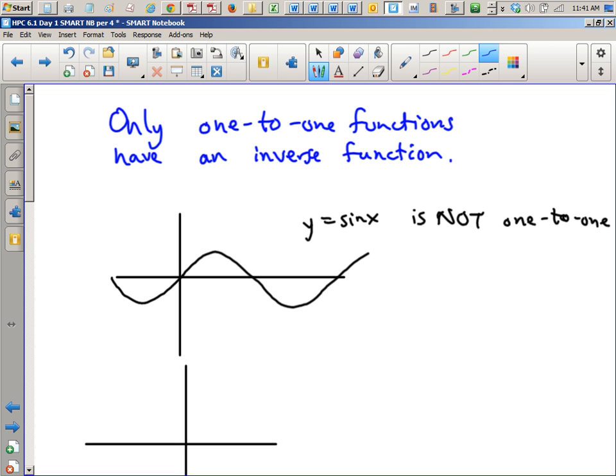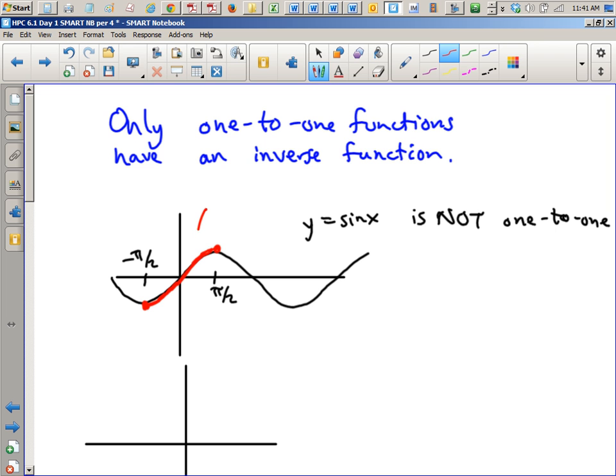So what we're going to do is choose this portion of the sine wave, namely between negative pi over 2 and positive pi over 2. We're going to just take this little piece with endpoints completely inclusive here.